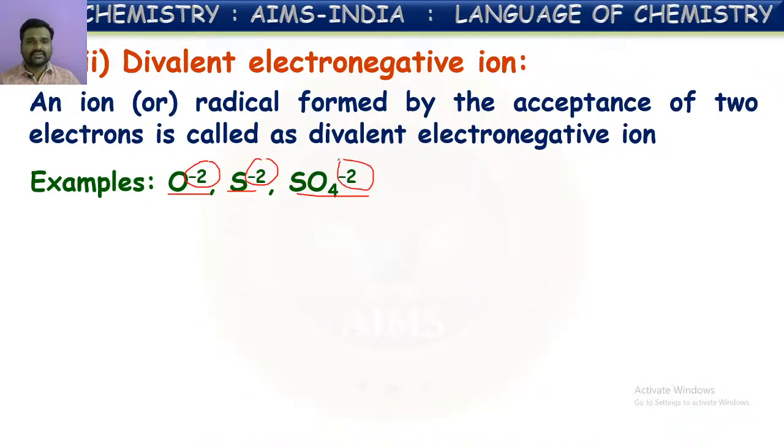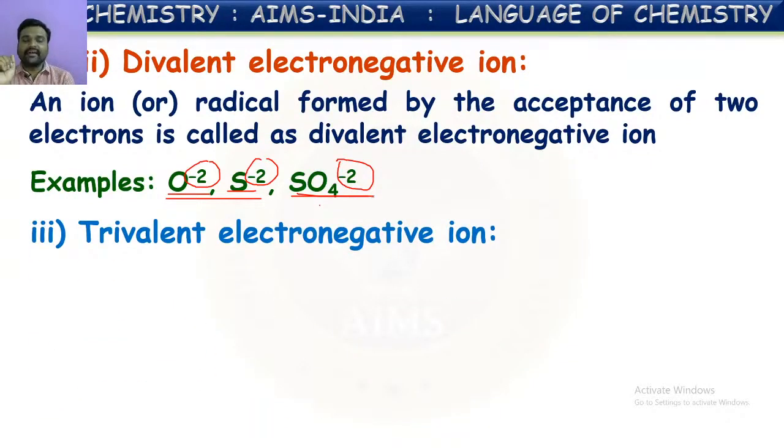That represents they have attained this negative charge by gaining 2 extra electrons. So they are having 2 minus charge. These are called divalent electronegative ions. And these two we can identify as monoatomic ions. This is a polyatomic ion. Polyatomic in the sense the ion formed by a group of atoms. We can simply say them radicals also.